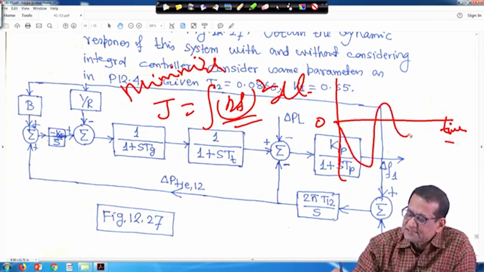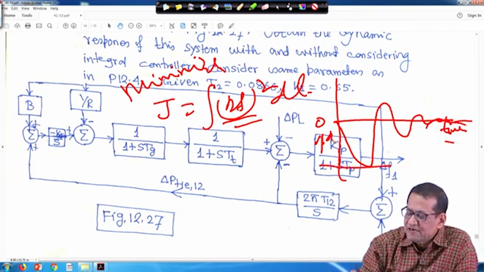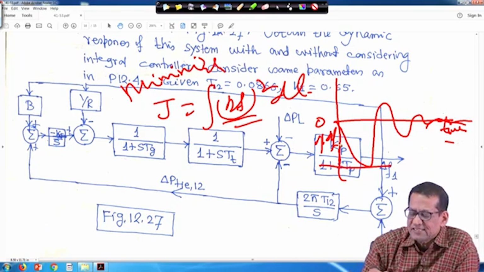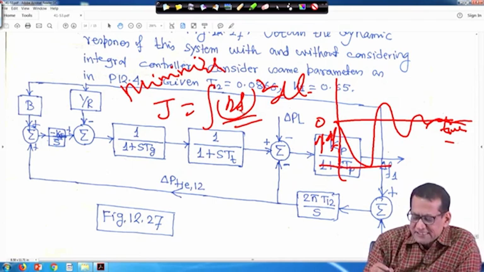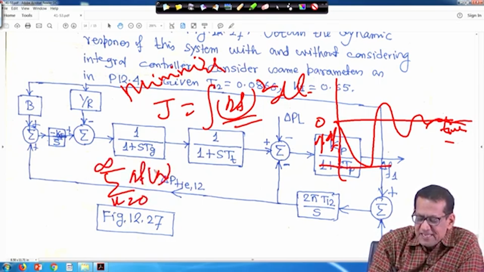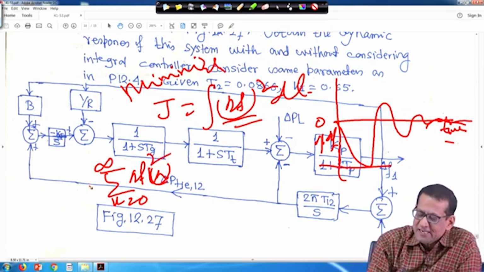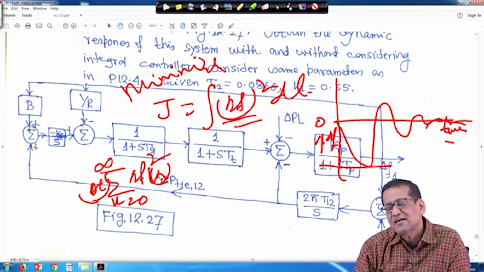When the error is large, its square will also be large, and when the error is small, its square will be smaller. I can discretize this as the sum over k equal to 0 to infinity of delta F k squared, multiplied by delta t.